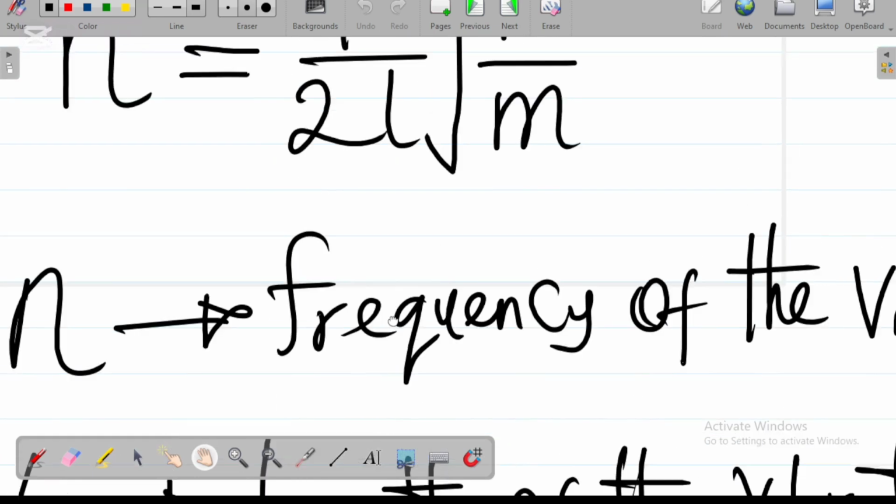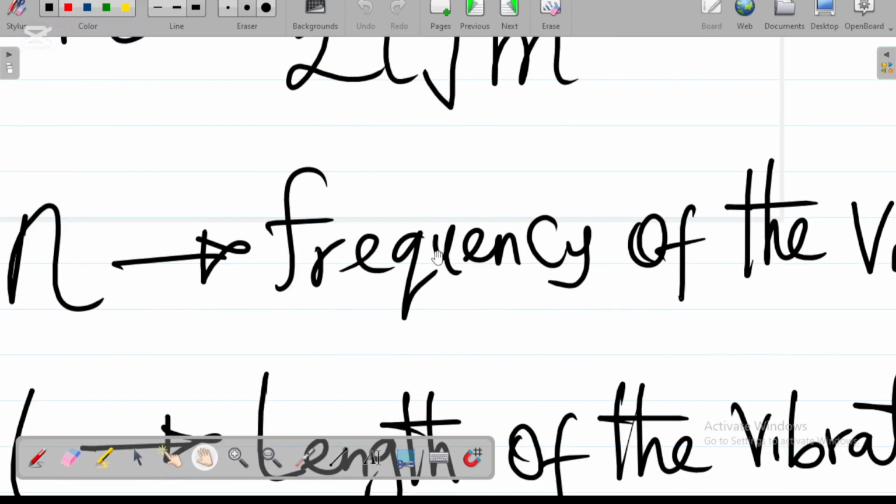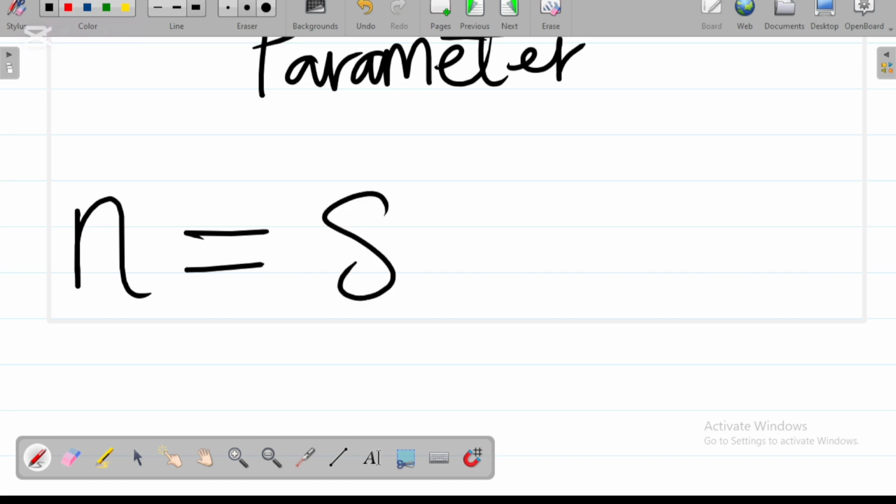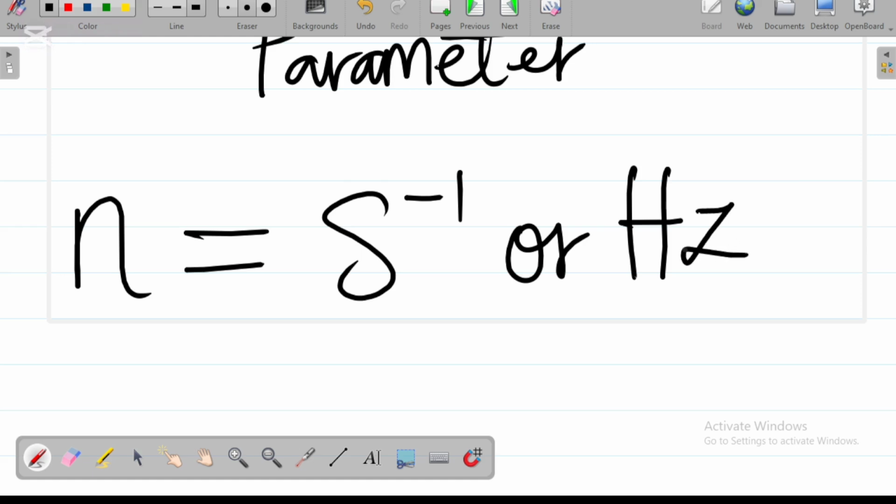The first parameter here is n. n is measured in what? n is measured in per seconds or hertz. It's either used per seconds or hertz. But for the sake of this class, we are going to use per seconds.